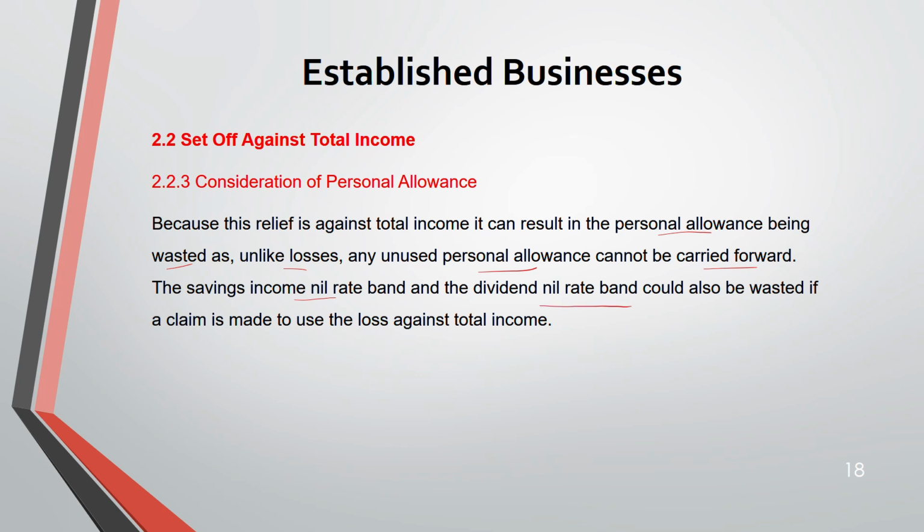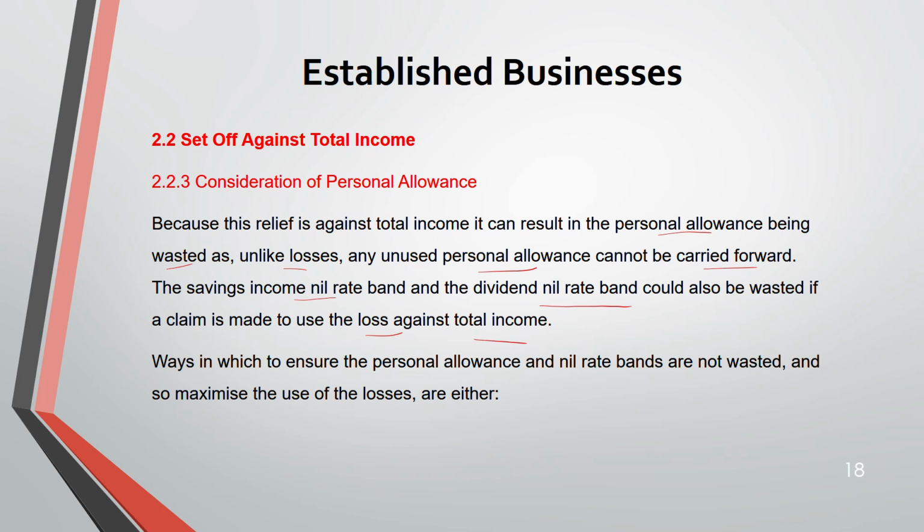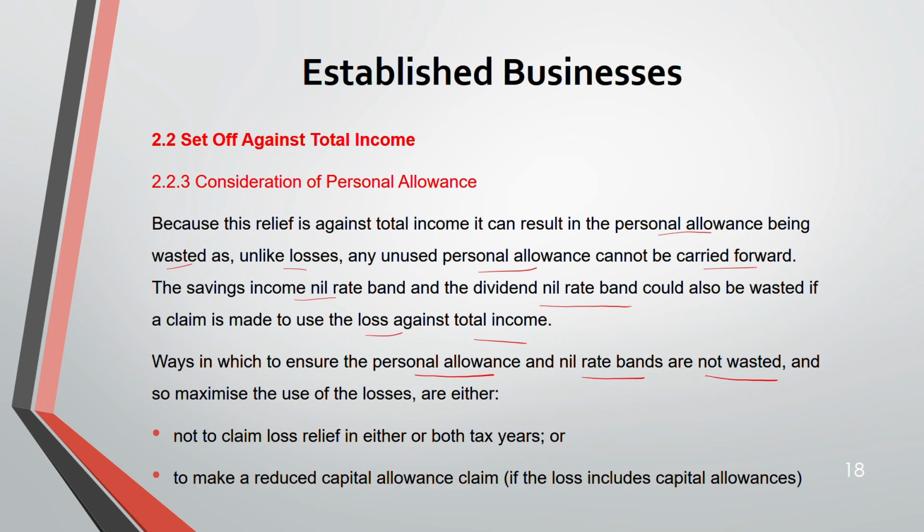This also could be wasted if the claim is made to use the loss against the total income. So you have to ensure ways in which your personal allowances and the nil rate bands are not wasted. So this could be one way: don't claim loss relief in either or both the tax years, or make a reduced capital allowance claim. If the loss includes capital allowance, reduce your capital allowance.